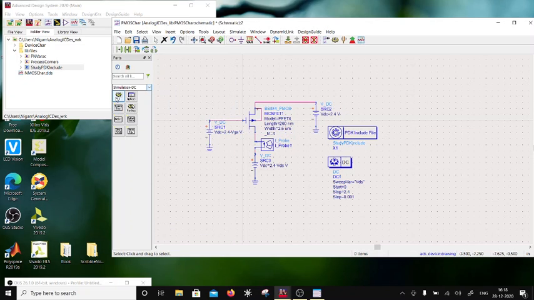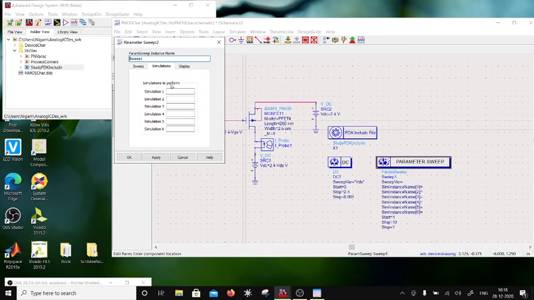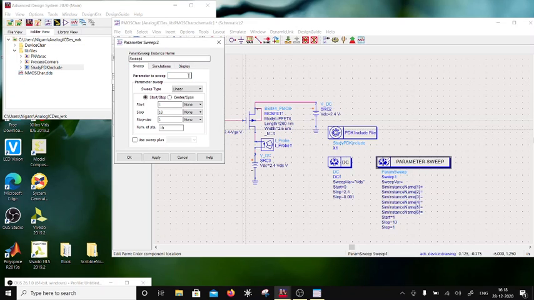Next thing is I'm going to put a parameter sweep here. Again, the inner sweep is DC1, so that's DC1, and I'm going to sweep VGS from, let's say, 0.2. Actually the turn on voltage for this is 0.35, so I will go from 0.3 to, let's say, 0.9 in steps of 0.1.